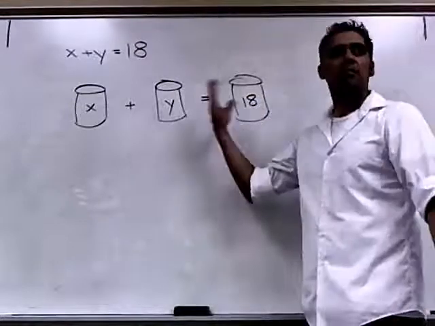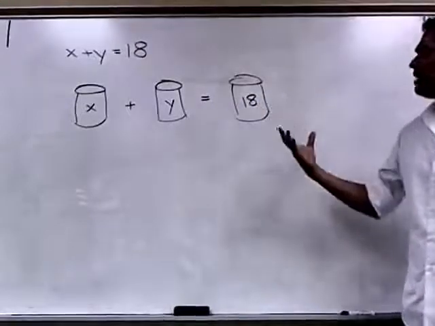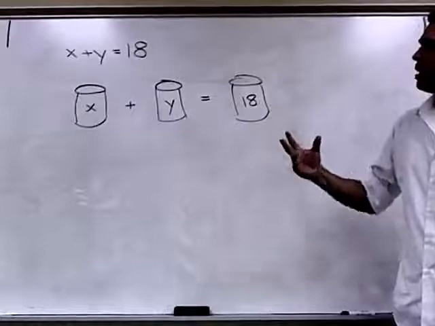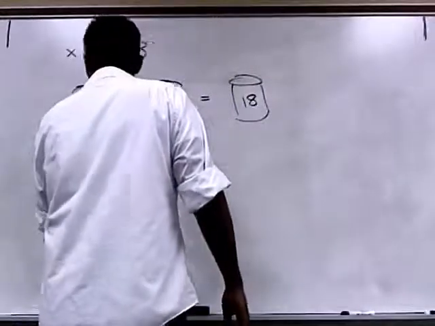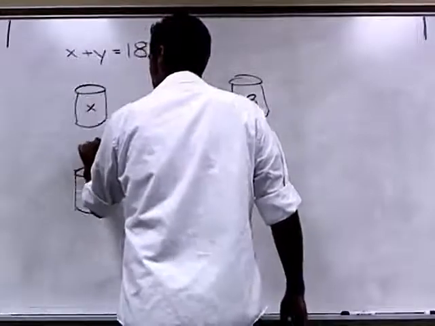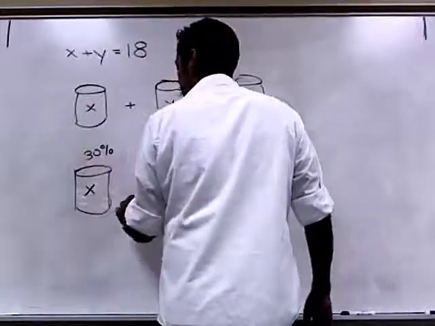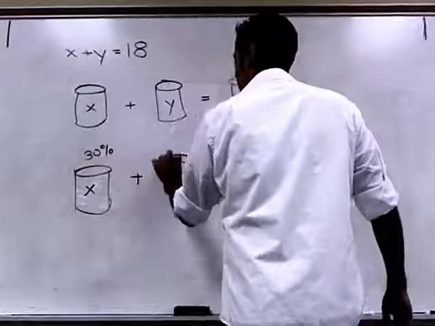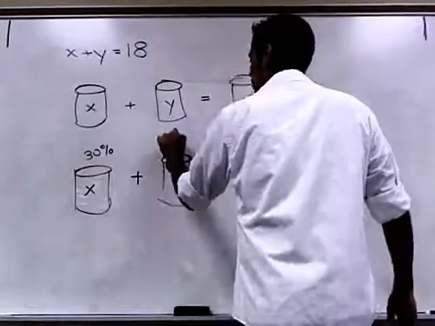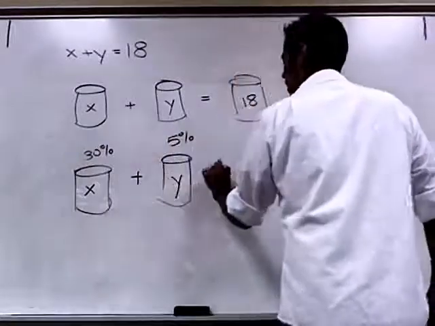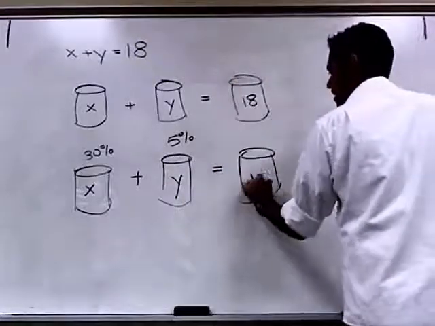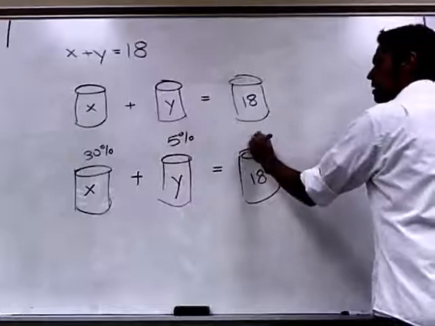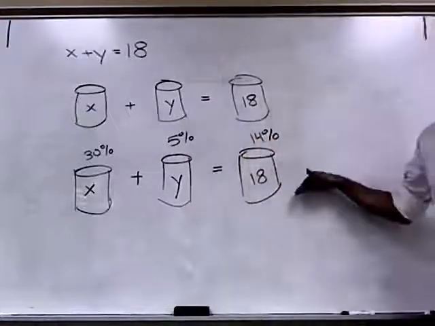That was the first thing. The second equation comes from the fact that this 30% mixture at x plus the 5% mixture at y must equal my 18-gallon mixture at 14%.